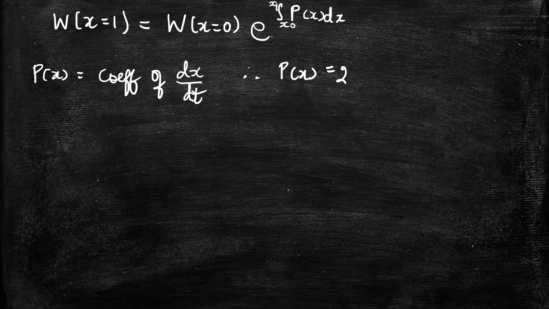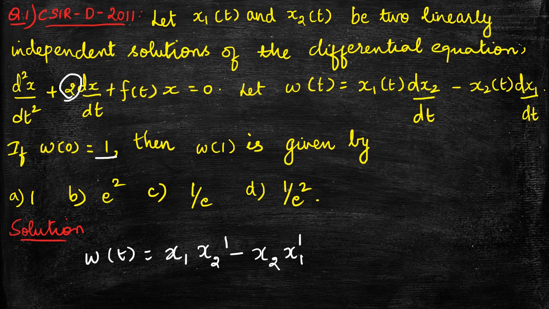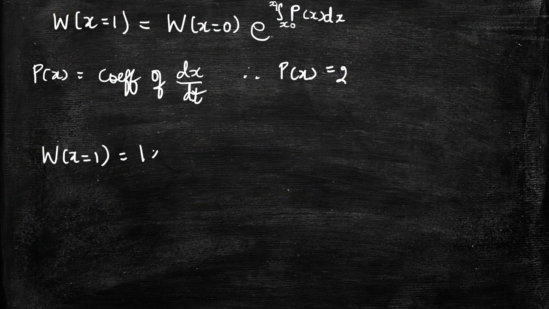Now we have to directly substitute in this formula given, which is w of x at 1, and w of 0 is equal to 1. So w of 0 is 1 into e power integral from x0 to x1, because I'll have to find for x0 and x1, right?